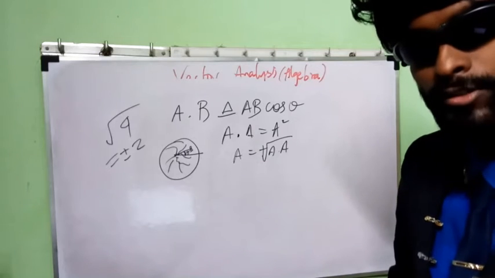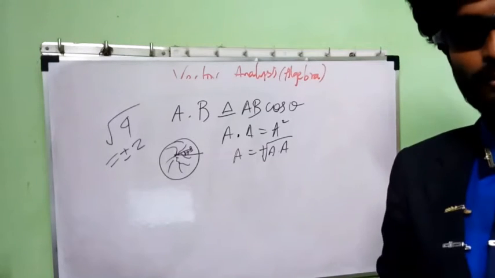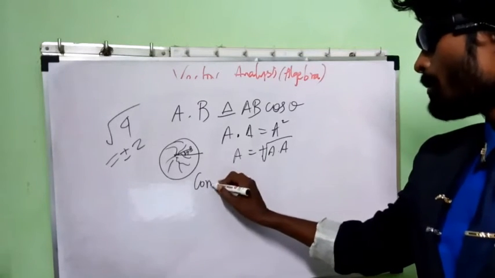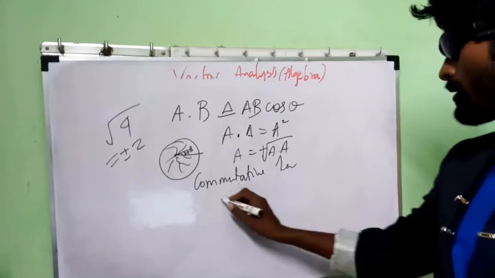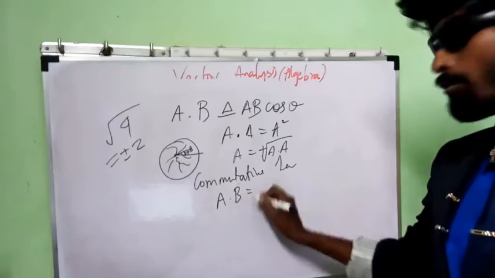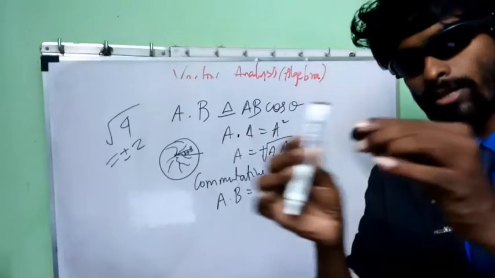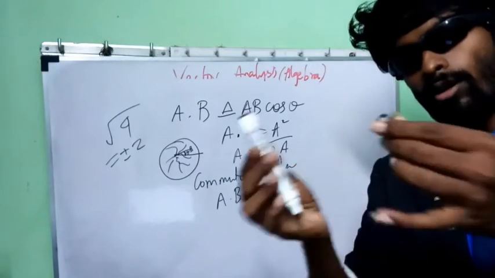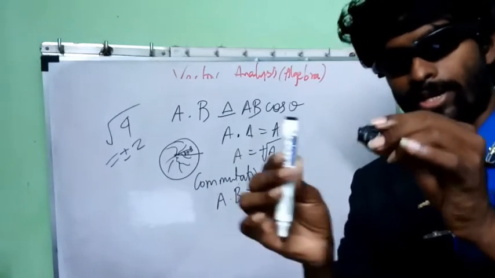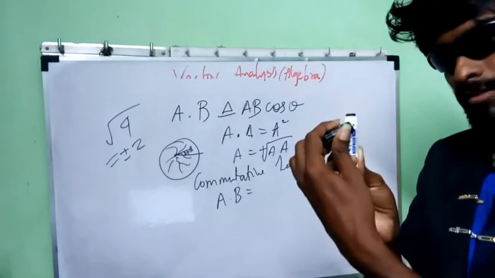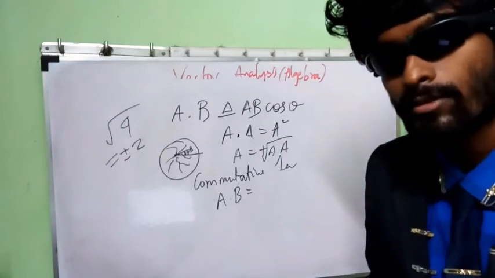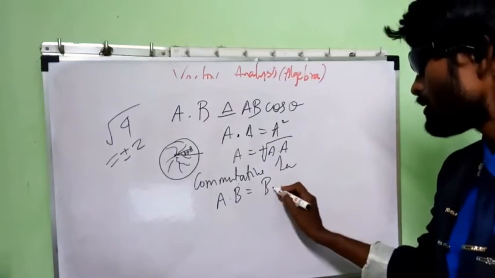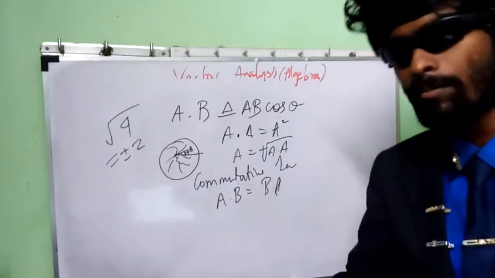And now I'm going to go for these two laws for this product also. What are the two laws? The commutative law. A dot B equal to, if I have two magnets, they will get attracted. Whatever side it may be, A is this side, B is this side. Suppose I interchange, A is this side, B is this side, both will attract, right? Sure, they'll attract. So B dot A, the place is not a problem.